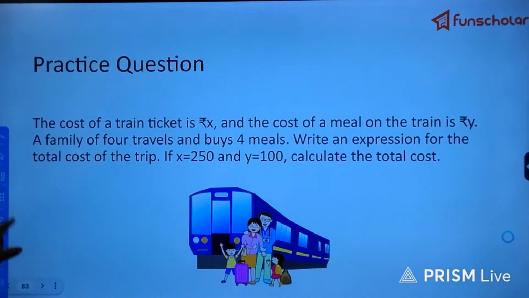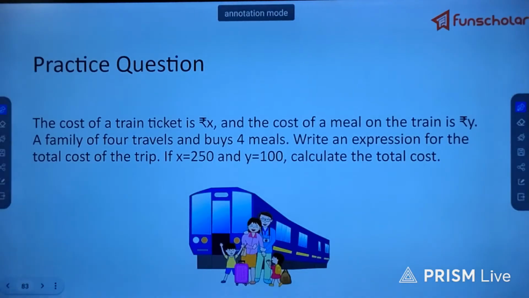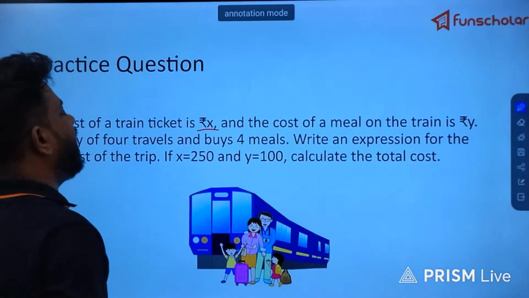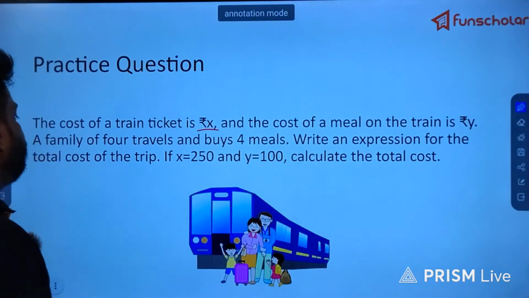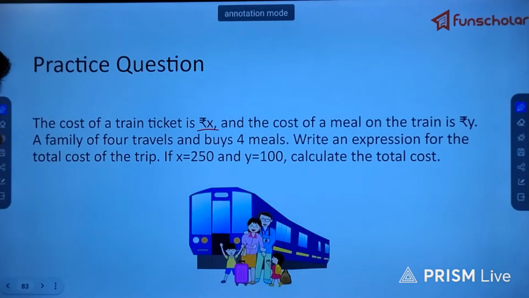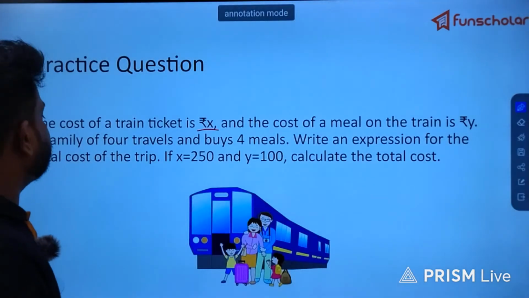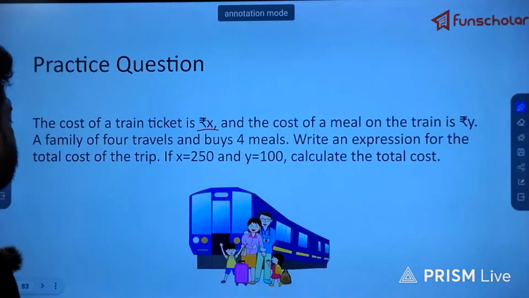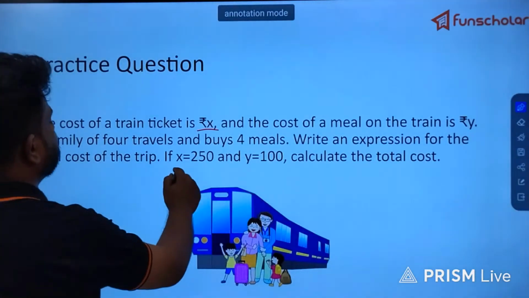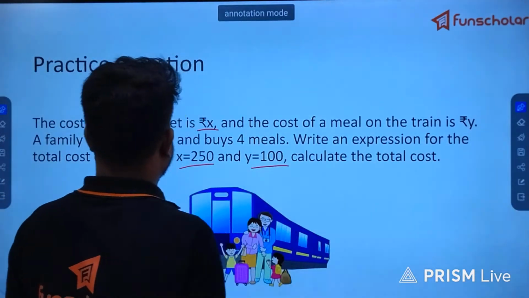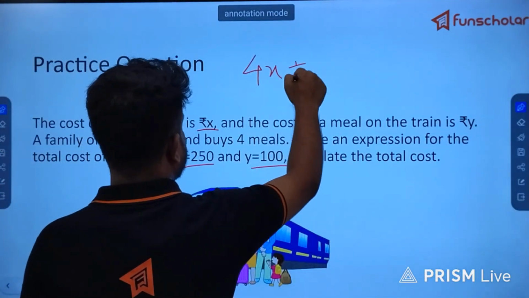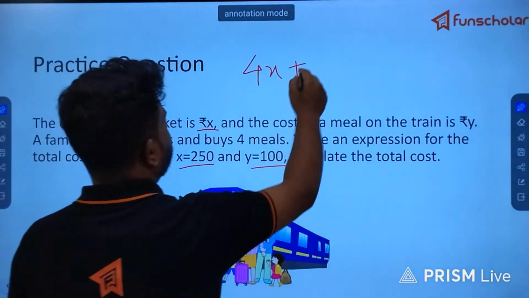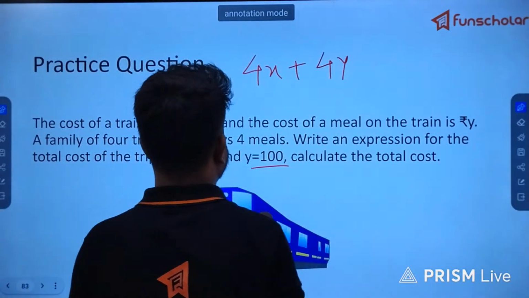Next, the cost of a train ticket is rupees x and the cost of a meal on the train is y. A family of 4 travels and buys 4 meals. Write the expression for the total cost of the trip if x equals 500 and y equals 100. The train tickets bought by 4 will be 4x and the meals bought by 4 will be 4y.